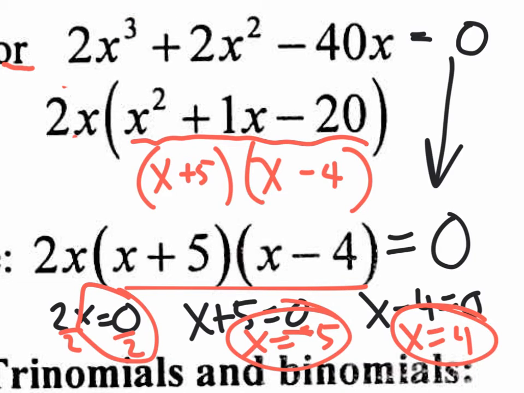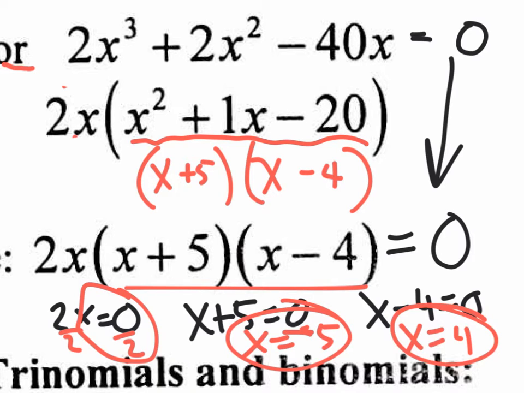1, 2, 3 answers. If we were to pretend this were a function and get a graphing calculator, we know that the end behavior, as it goes to the left, would be down to the bottom because it's odd. If you go to the right, it goes up to the top.